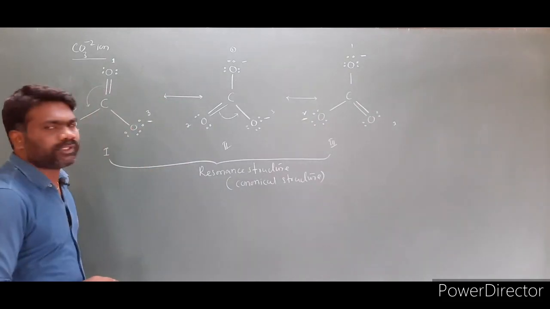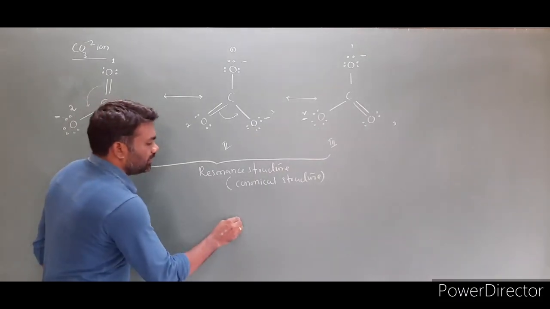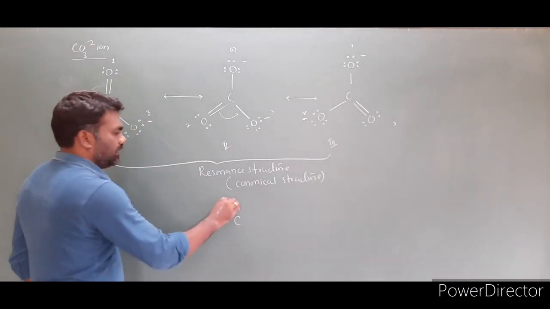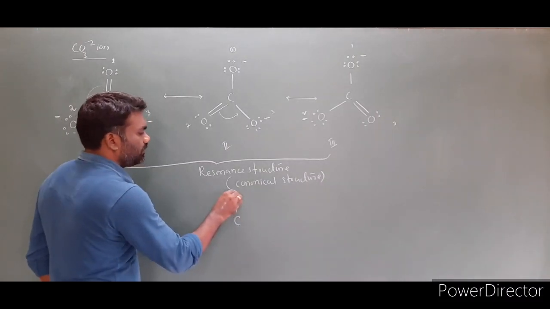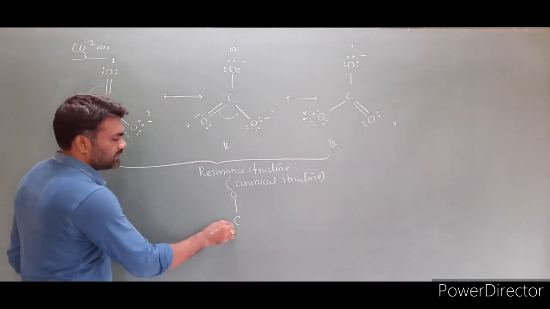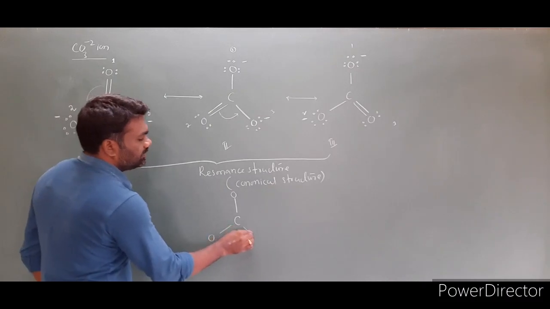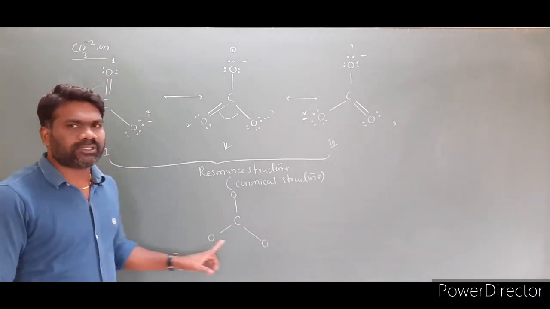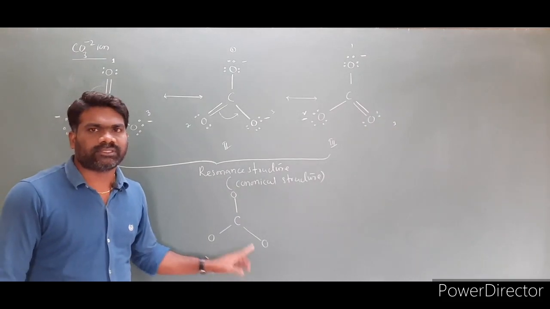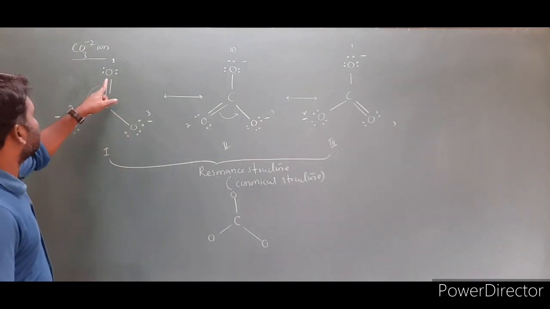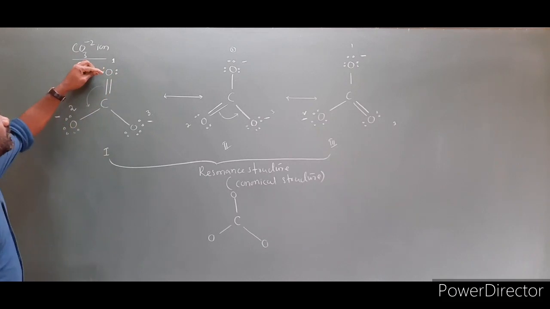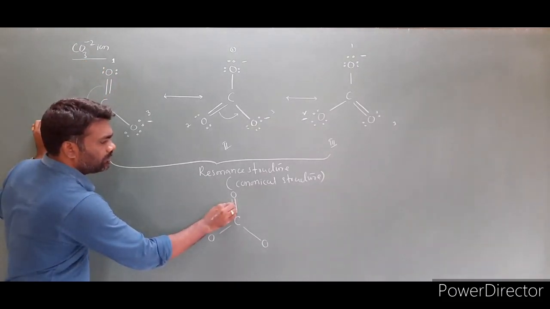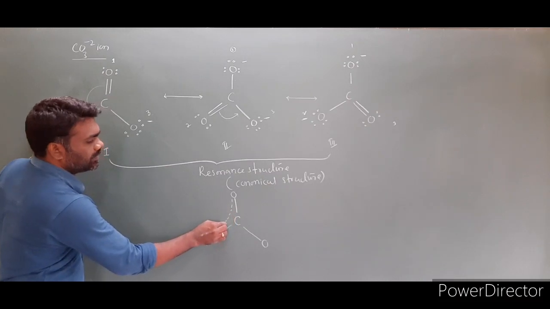Now let us write the resonance hybrid for this ion. Carbon again remains at the center position, and this is the first oxygen, the second oxygen, and the third oxygen. Clear? Next, the double bond is moving from the first oxygen to the second oxygen, so we keep this bond in the form of a dotted line like this.